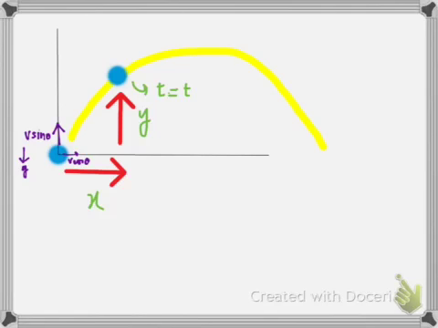So first we write the formula for the horizontal direction. For this direction, I can easily write that x is equal to v cos theta into the time taken t. Right. So this will be equation number 1 for us.